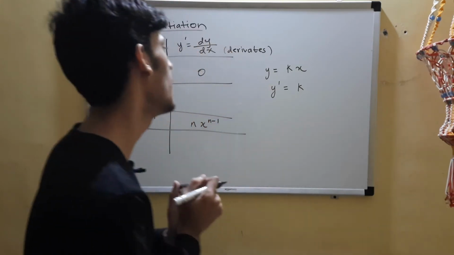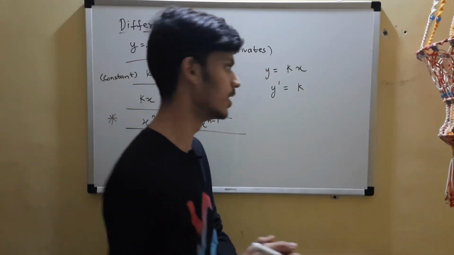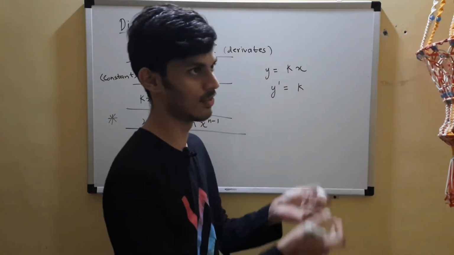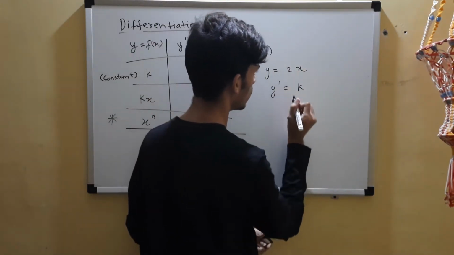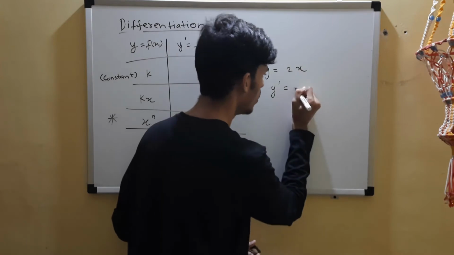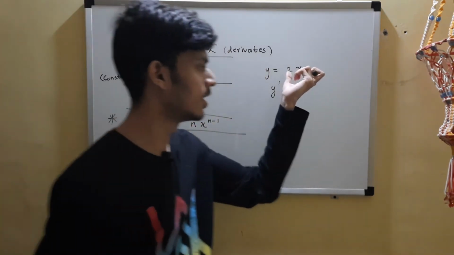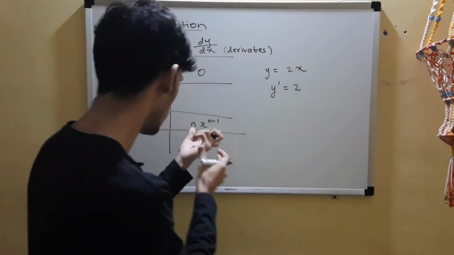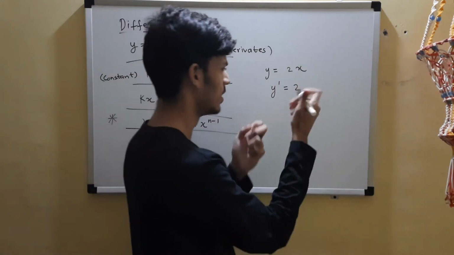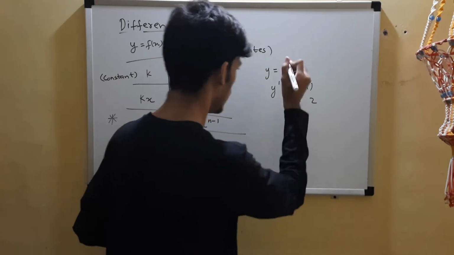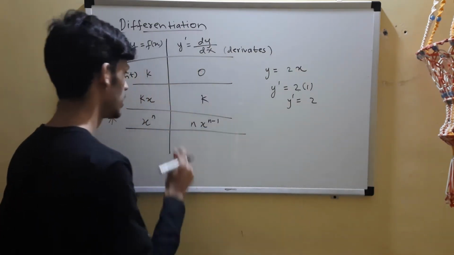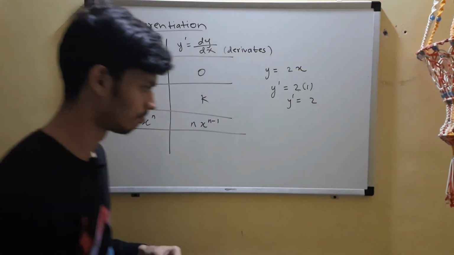So you can remove that in multiplication or division. This k can be a fraction as well, like 1 by 2. So either 2x or x by 2, whatever, you can remove that 2 out. And what is the differentiation of x? You know it's 1. So y dash is 2 in this case. And if we take the general case, it will be k. Easy.